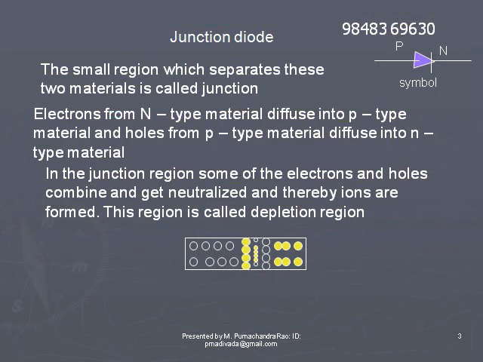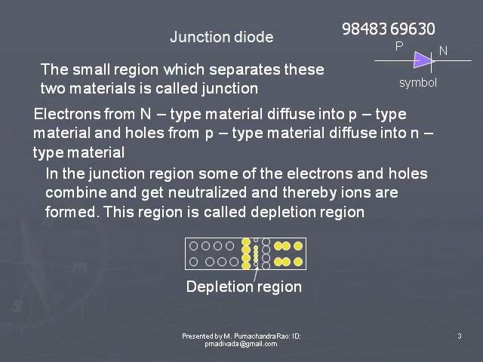So due to the diffusion of electrons into P-type material and holes into N-type material, the junction will be formed. In the junction region, some of the electrons and holes combine and get neutralized.